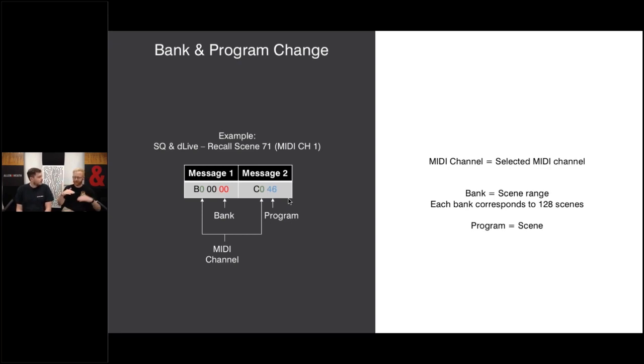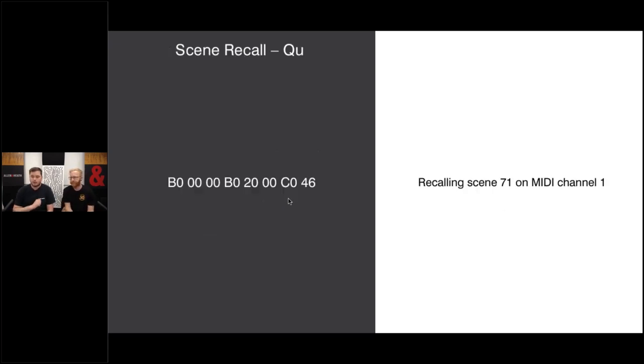If we move on, Q does things slightly differently. So you have 2 bank messages. However, you don't need to change the bank because the Q only has 100 scenes, so you only need 1 bank. And then again, you just select the scene using the program byte on the end.